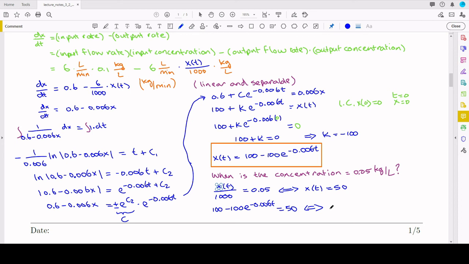And so this is equivalent with e to the power negative 0.006t equals 0.5. And we can isolate the t by taking the natural log on both sides, and then we divide by 0.006. So this is for you to check that last little step, but what we get is that t is approximately equal to 115.52 minutes.